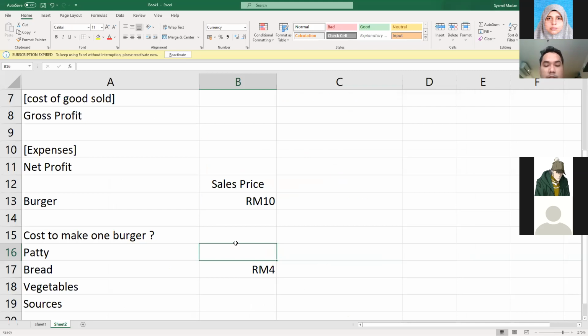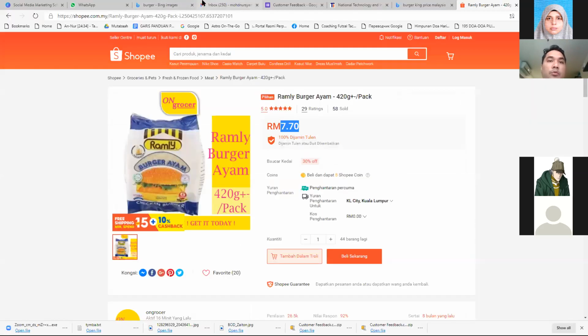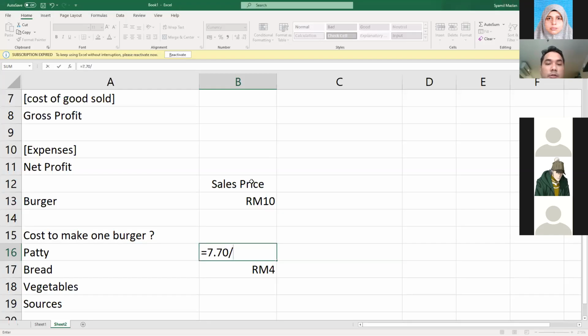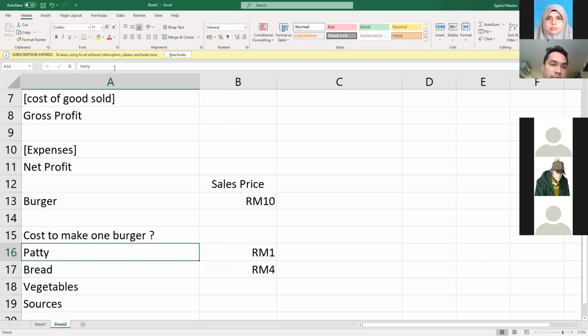So the price of the patty burger is 7.7 ringgit, but they have 6 in one set. We want to get only one because we want to know the cost for one burger like this. So we divide by 6. So we know that the price of the patty is 1 ringgit.